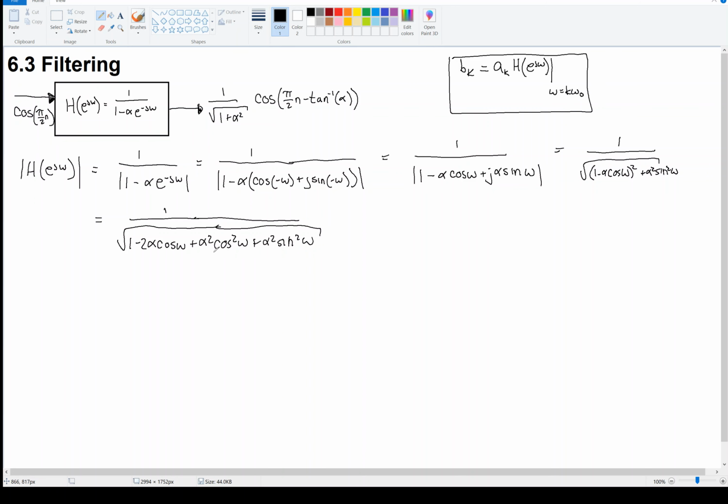And since sine squared plus cosine squared is 1, I have the following: alpha squared minus 2 alpha cosine omega plus 1. That's my final expression. That's the magnitude of the frequency response. Sometimes we call that the magnitude response.